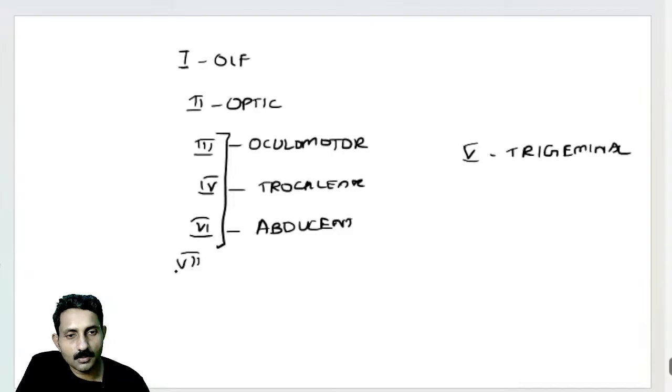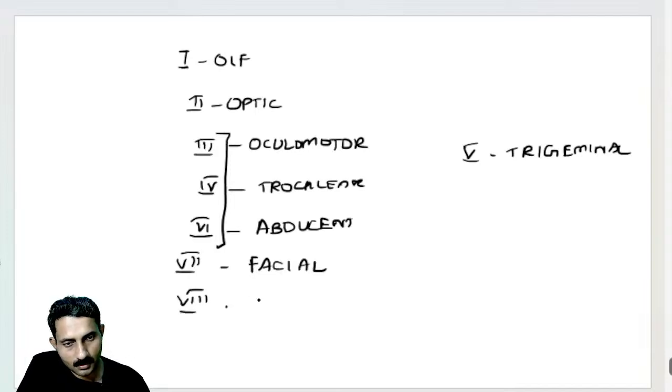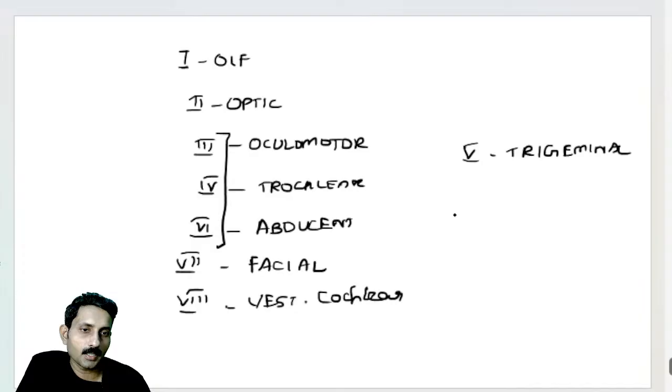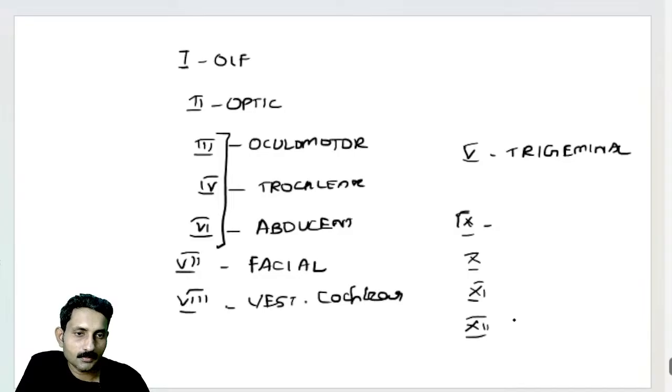Seventh, we have the facial nerve. Eighth is vestibulocochlear. And ninth, what is the ninth nerve? Then we have the 10th, 11th, and 12th. The 10th is vagus.